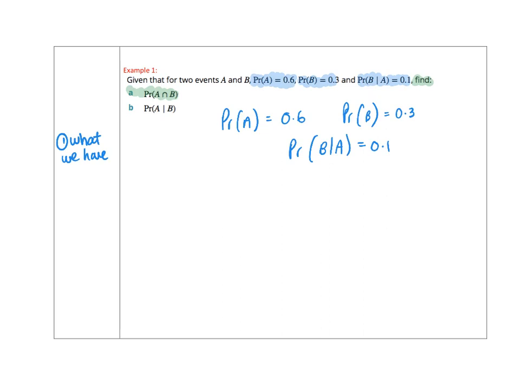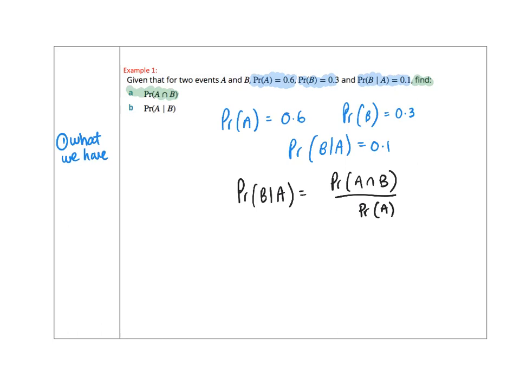Well, the formula here would state that the probability of B given A is equal to the probability of A intersection B. Remember, this is the same as B intersection A, divided by the probability of A, the second term.